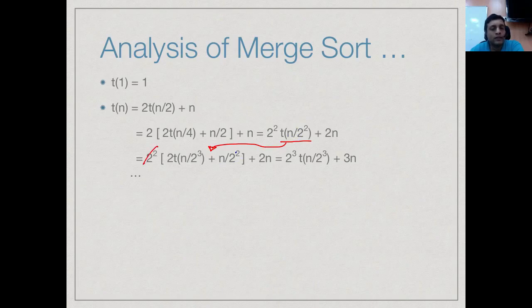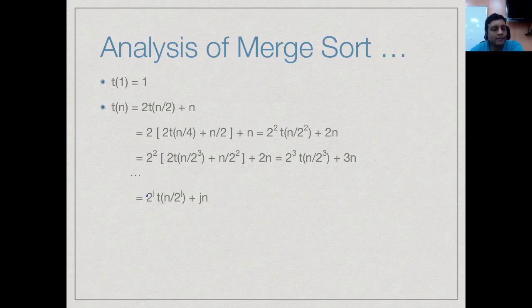Now this and this will cancel, so I get 1 n here, I already have 2 n's, so I get 3 n's. And this 2 into 2 squared I will write as 2 cubed. So I have gone from 2 squared t of n by 2 squared plus 2n to 2 cubed t of n by 2 cubed plus 3n. So it's easy to verify that if you do this j times, you will have 2 to the power j times t of n by 2 to the power j plus jn.